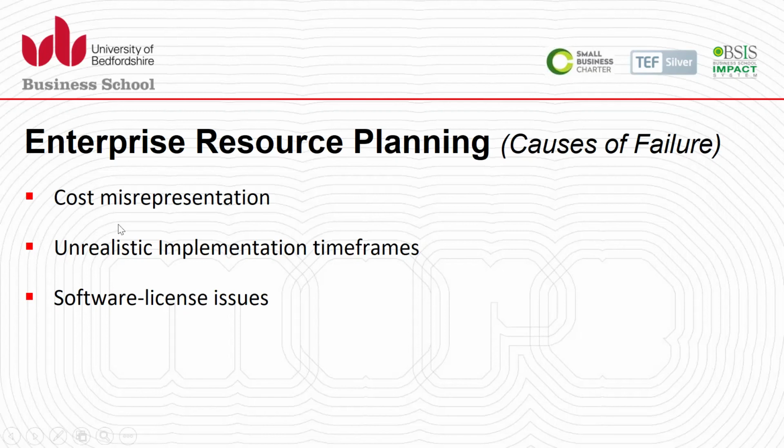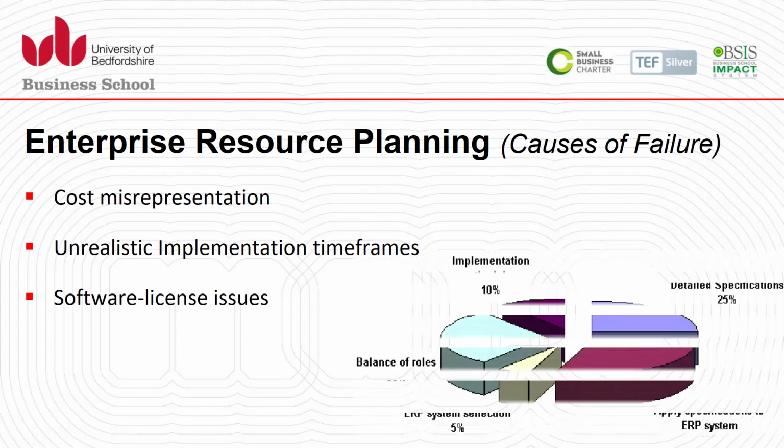Otherwise, it is going to fail because of misrepresentation or misinterpretation of the cost, an unrealistic time frame that builds up pressure and leads toward failure, or maybe a software license issue can be a serious blow to the system.